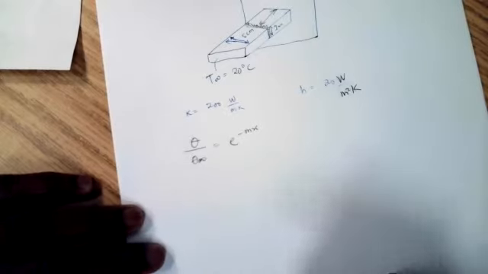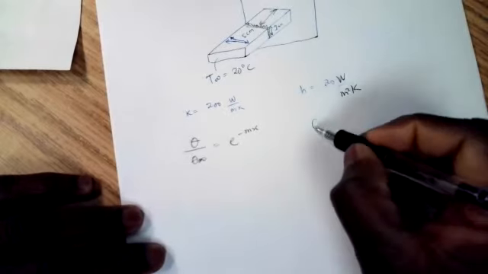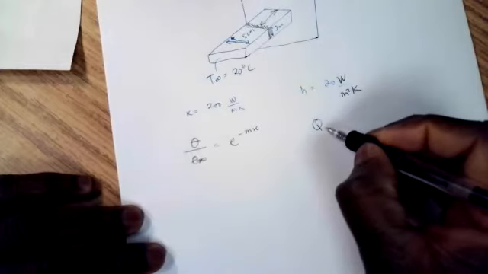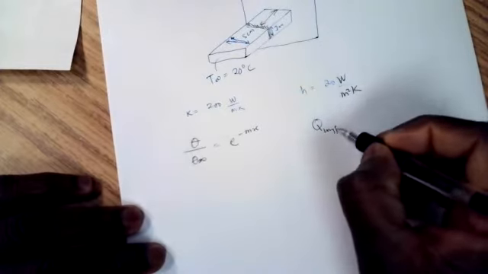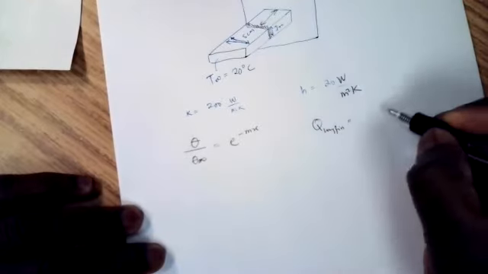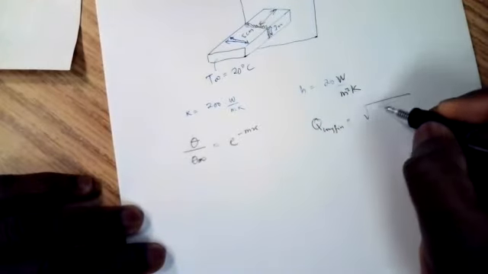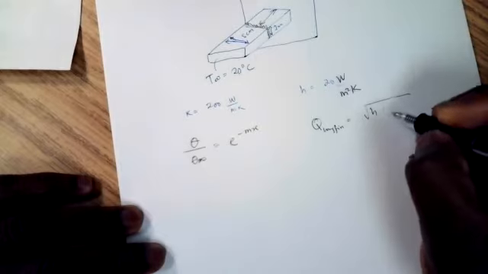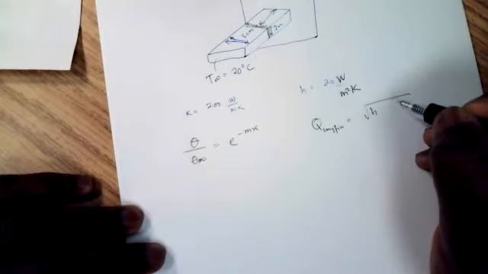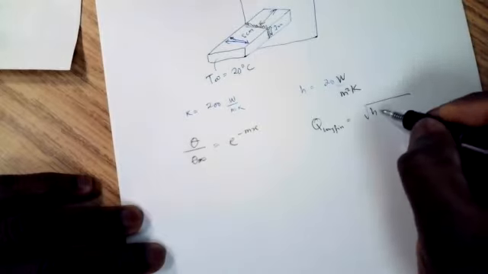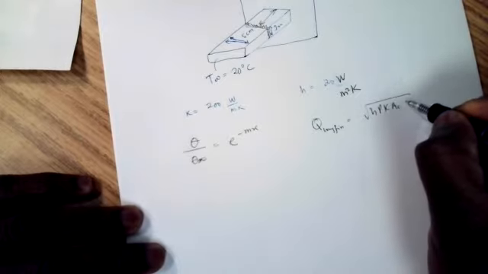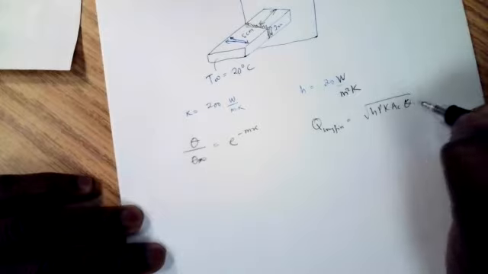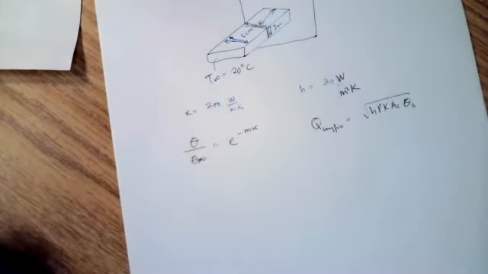And for the rate of heat loss, we have Q for an extended fin, we put here long fin, is equal to the square root of hPkAc times theta.